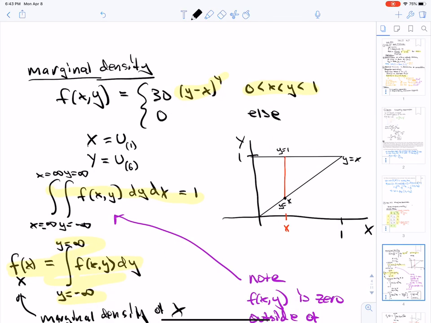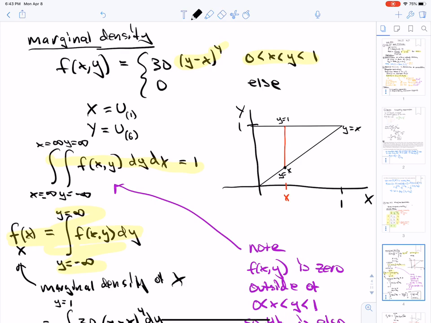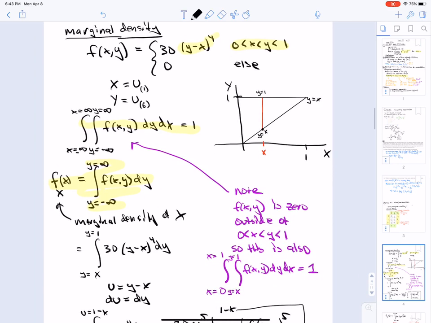So here's an example. The marginal density is this joint, which we've seen. X here is the first order statistic, y is the sixth order statistic. The double integral over all values of x and y is of course 1.